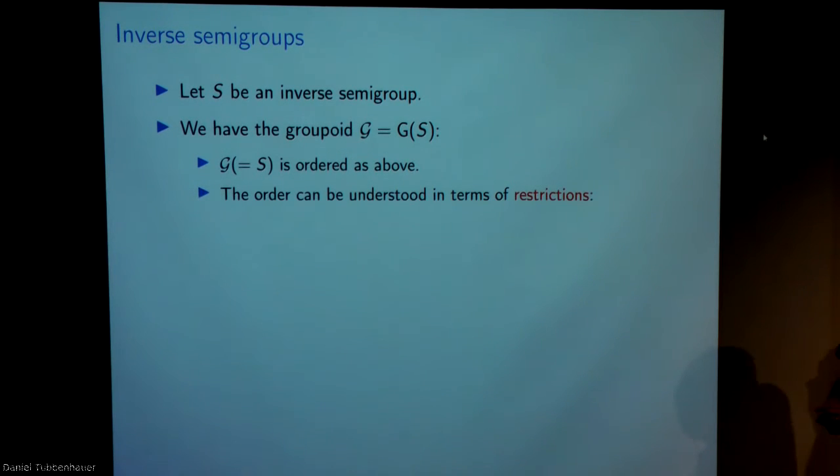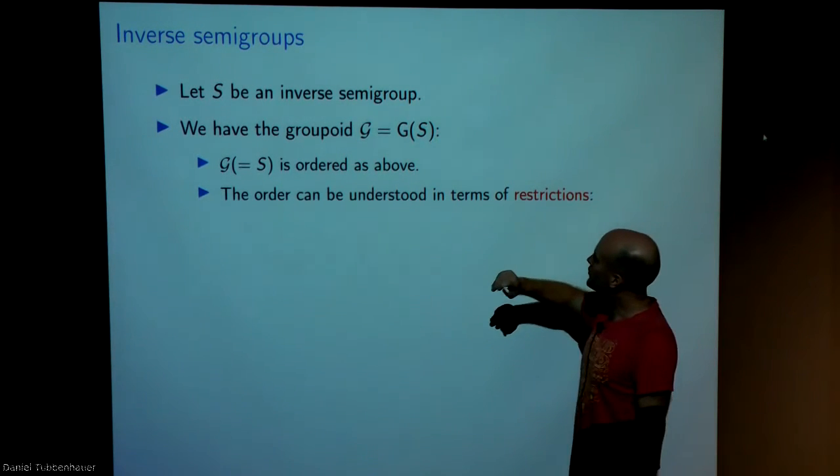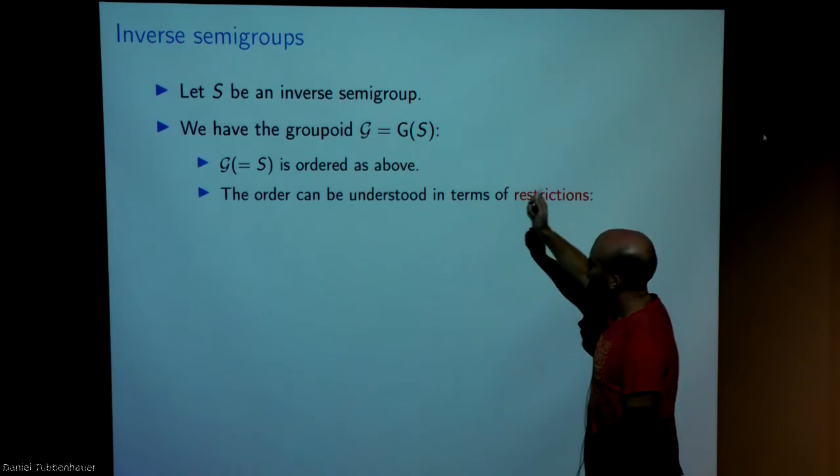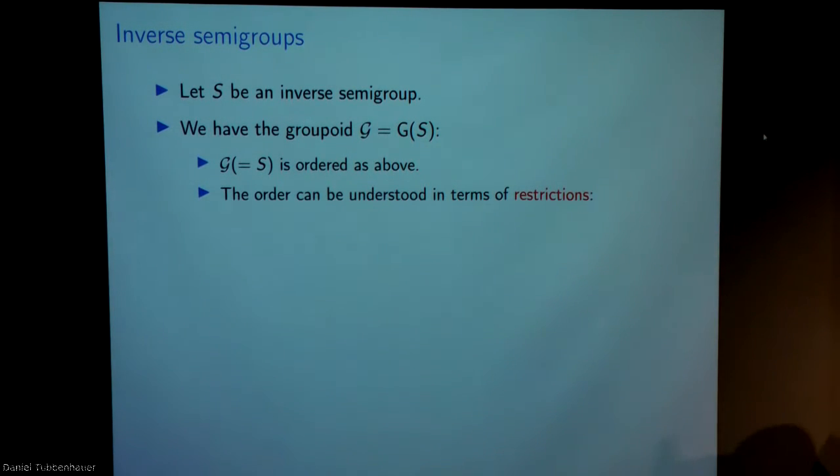The first thing we have to consider is that now if we forget the semigroup we started with, and we've just got this groupoid, we've just got a bunch of objects and morphisms, and we might have something like A and B, which we can't compose because they maybe don't have the right domains and ranges, but we want to multiply these in whatever semigroup this thing comes from. So we have to somehow work out how to do that.